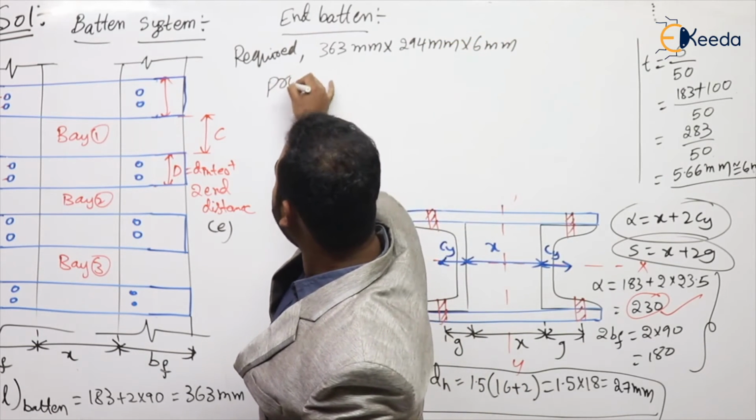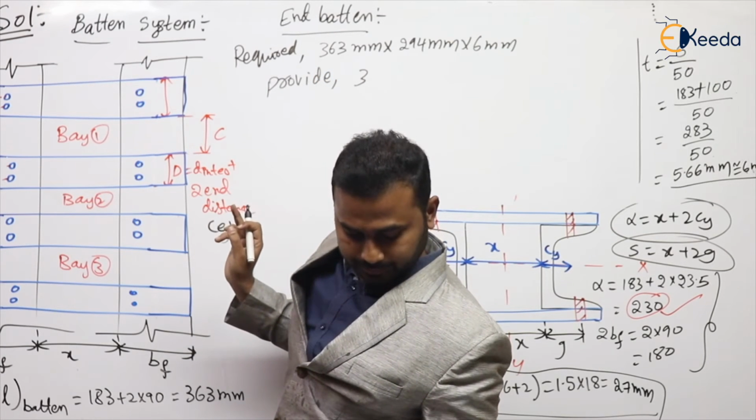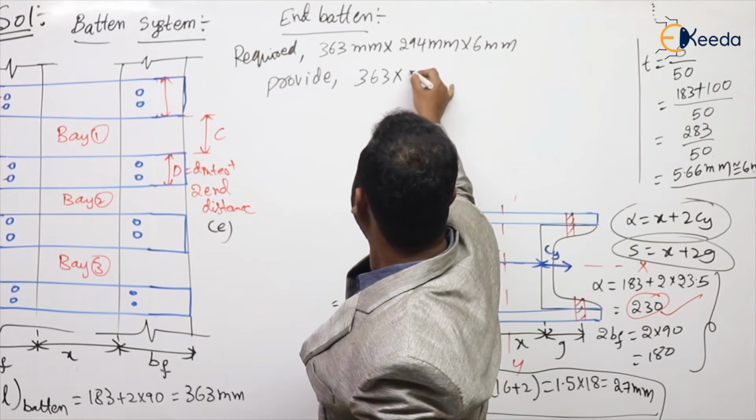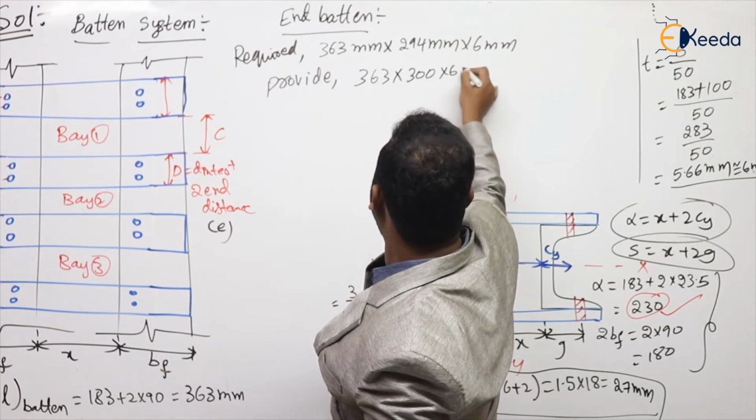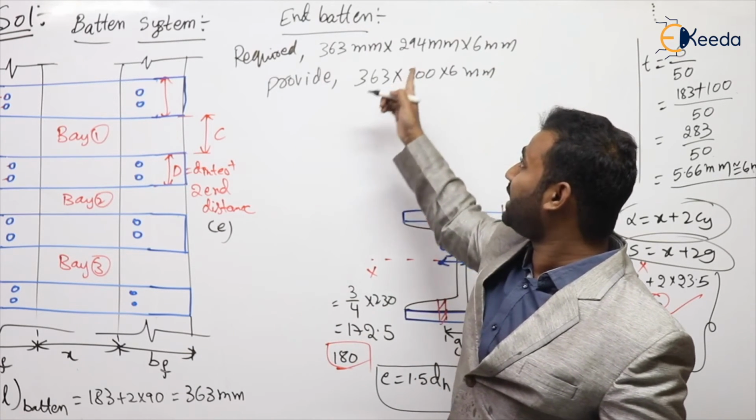Hence provide 363 into 300 into 6. So provide these dimensions for the end batten.